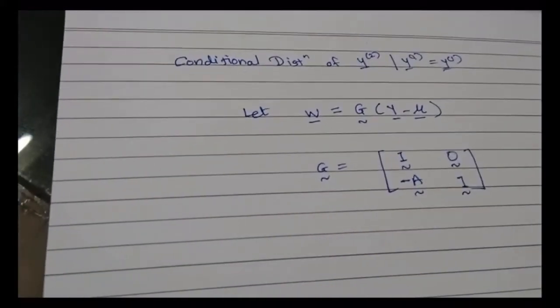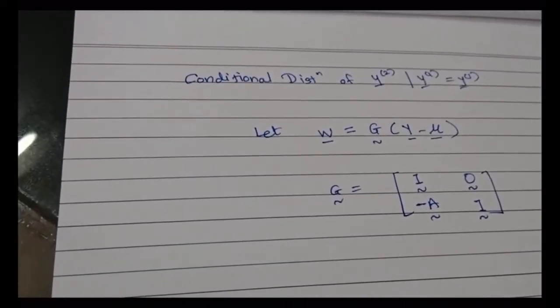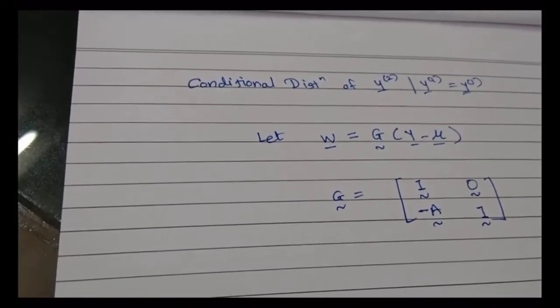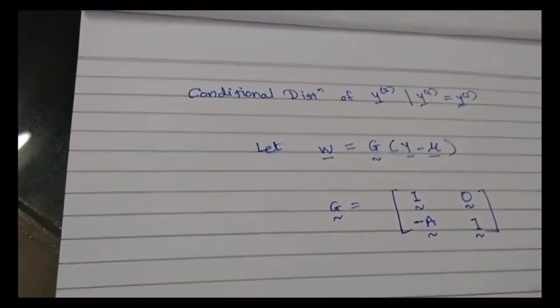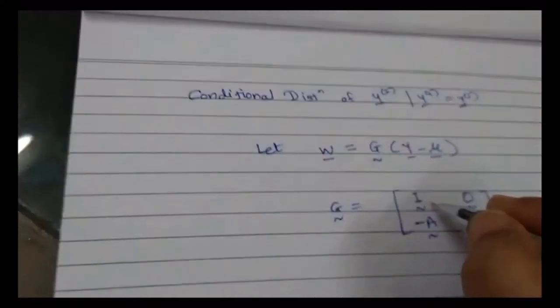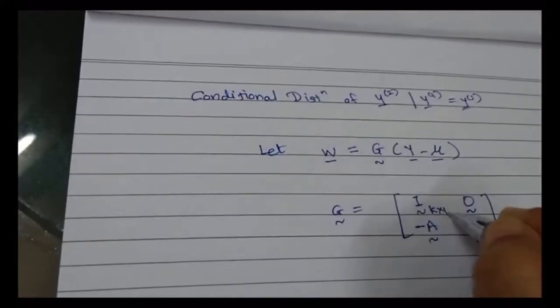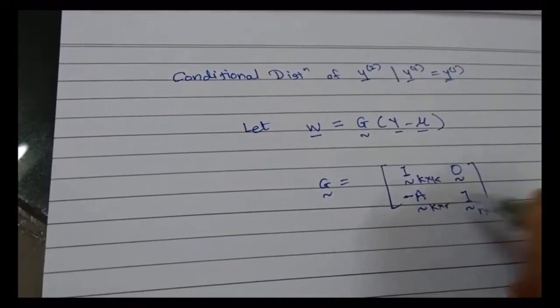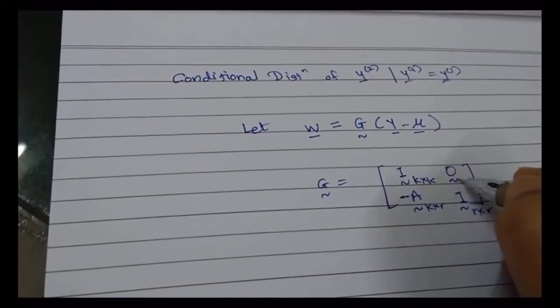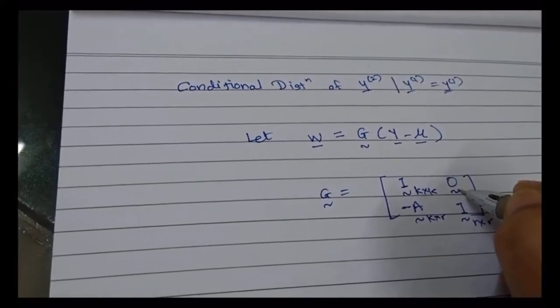You will very soon realize why I am taking this particular G and so on. Just give me some minutes. Where the orders are, this is K cross K, this is R cross R, so this is K cross R and this is R cross K.